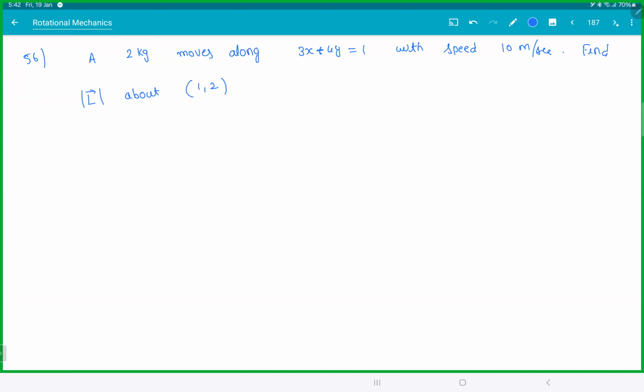A 2 kg mass is moving along 3x plus 4y is equal to 1 with speed 10 meters per second. Find the angular momentum about the point (1, 2). How do we find this?